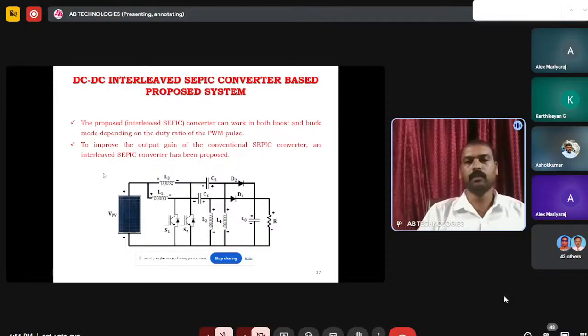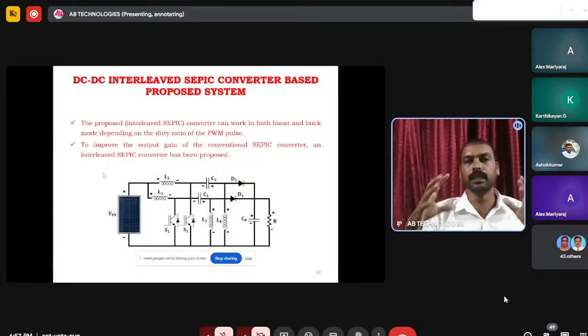What is interleaved? On the input side, you use only a single input source, but on the output side you can double the output voltage. What does SEPI converter mean? Single-ended primary inductor converter. Compared to a boost converter, the voltage gain of the conventional SEPI converter is 1:8, but the normal boost converter is 1:1.5 only.